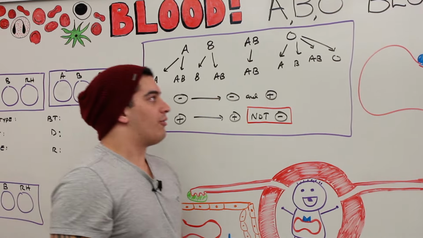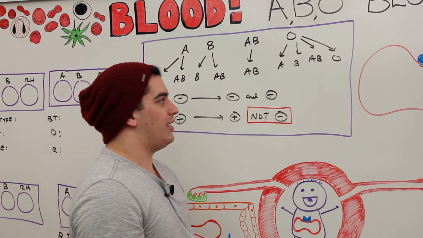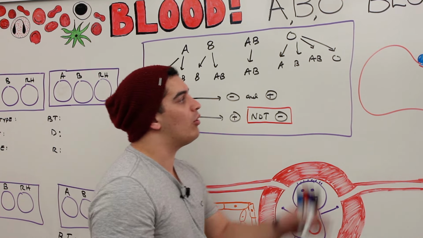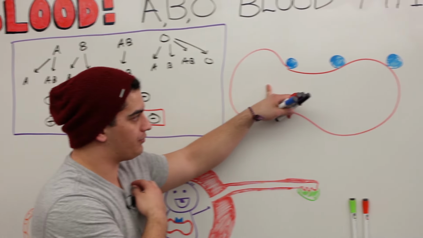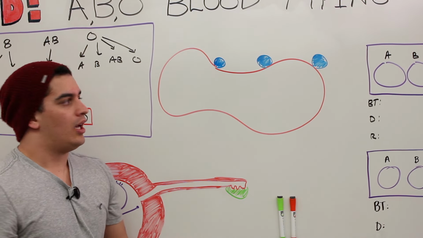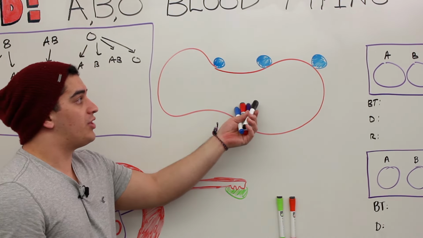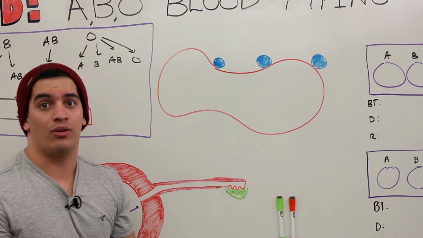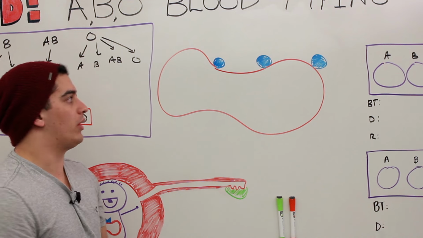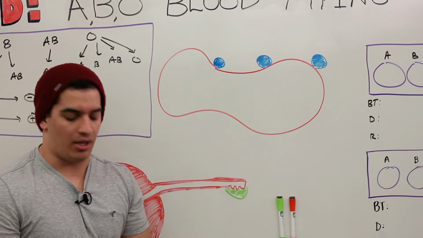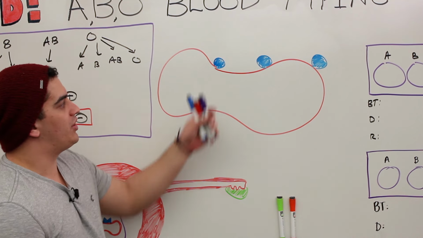All right, so first off, what do I mean by A and AB and O and Rh and all that? Well, let's come over here. A red blood cell has all these different types of surface markers that let the immune system know this is your blood type, and any blood type other than what you're supposed to have is foreign. So we've got a lot of these blue proteins popping off of the red blood cell membrane, and we're going to denote these accordingly.